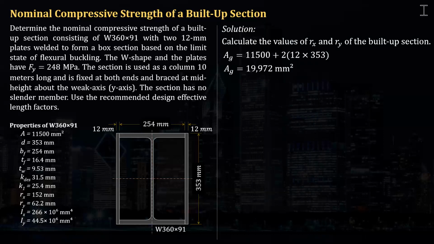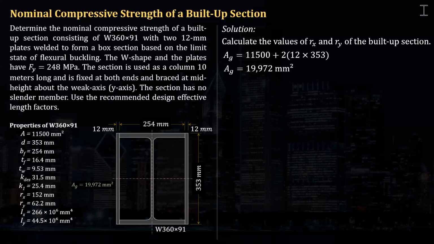After that, calculate the moment of inertia with respect to the x-axis, the principal axis. This built-up section is a doubly symmetric section, meaning it is symmetrical in both x and y. So the neutral axis is located at the neutral axis of the I shape as well. They are collinear, so the principal axis of the built-up section passes through the centroid of the W shape.